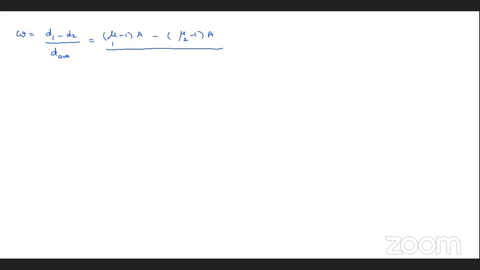So it will be mu3 minus 1 into A by average, second line mu2 minus 1 into A. That's it, Nana. Not deviation, refractive indices. You will get like this. This will be the answer, by substituting their values.